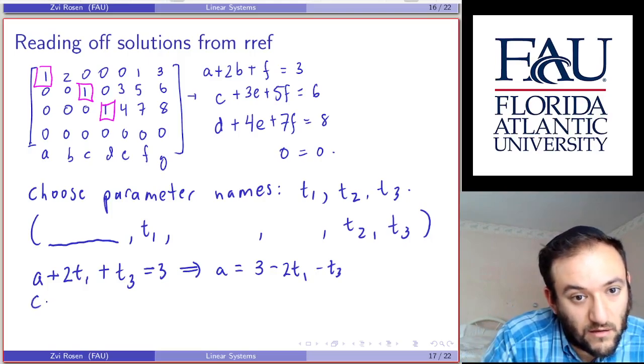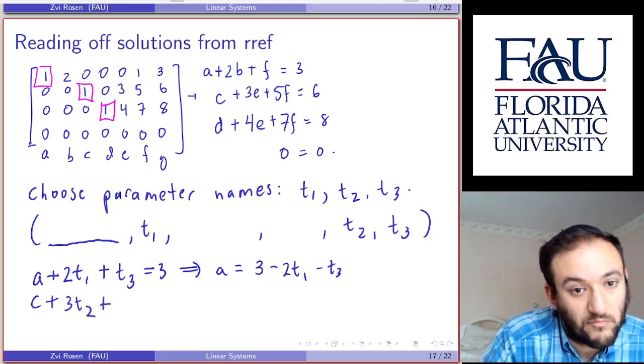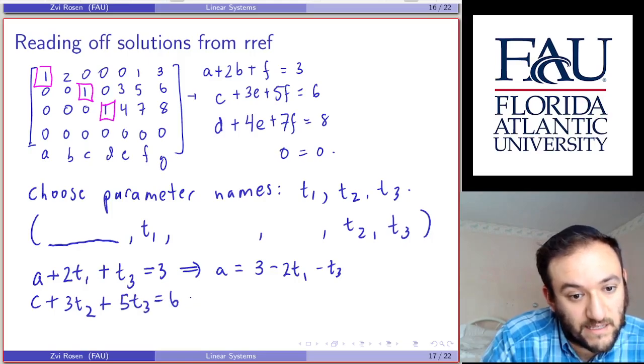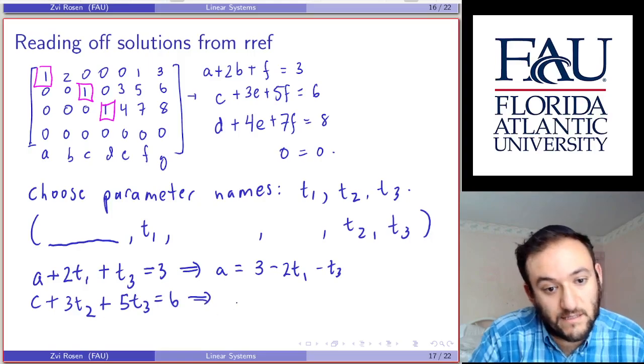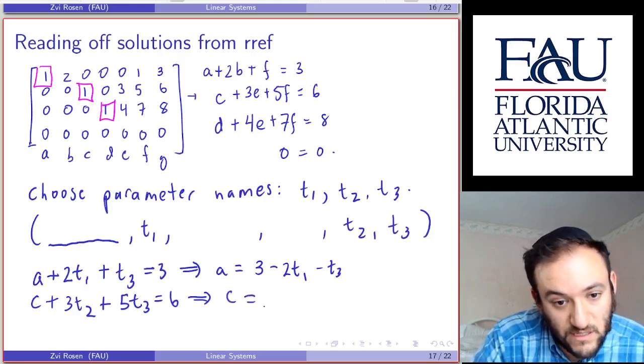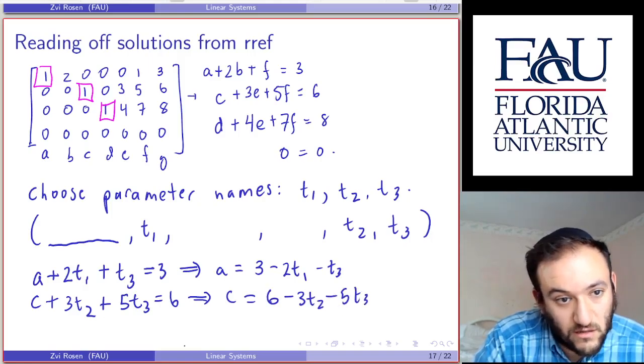C plus 3E, where E is T2, plus 5F, where F is T3, is going to be equal to 6. This corresponds to C being equal to 6 minus 3T2 minus 5T3.